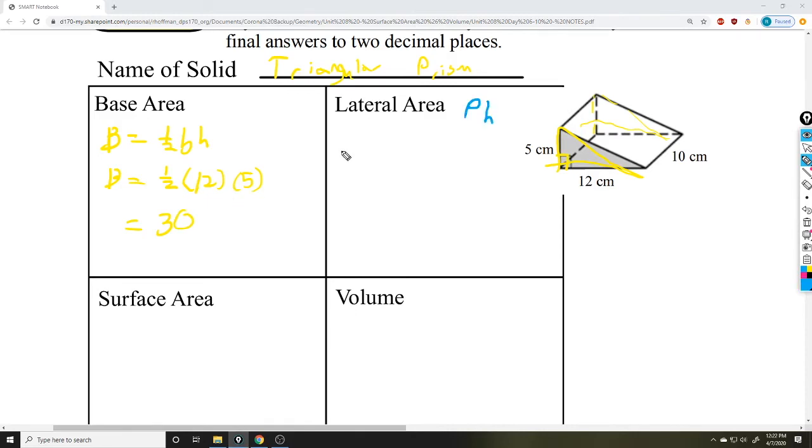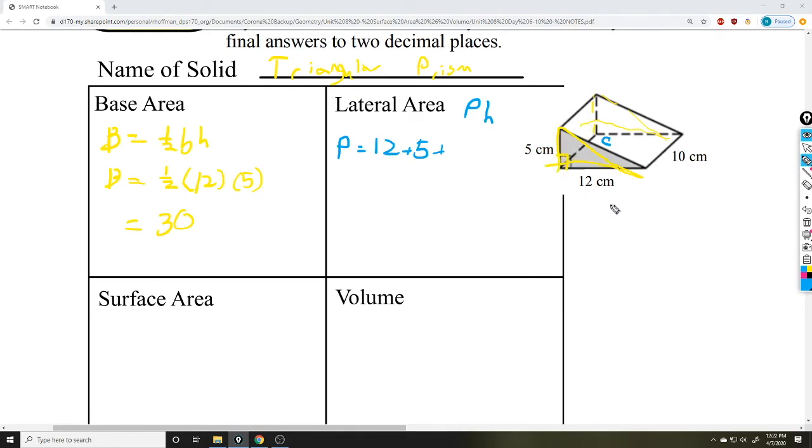Lateral area is perimeter of the base times the height. So perimeter, that just means we add up all the sides in the triangle. So we have 12, and we have 5, and we don't have this side, which I'm going to call C for no particular reason that has nothing to do with how we're going to solve the problem.